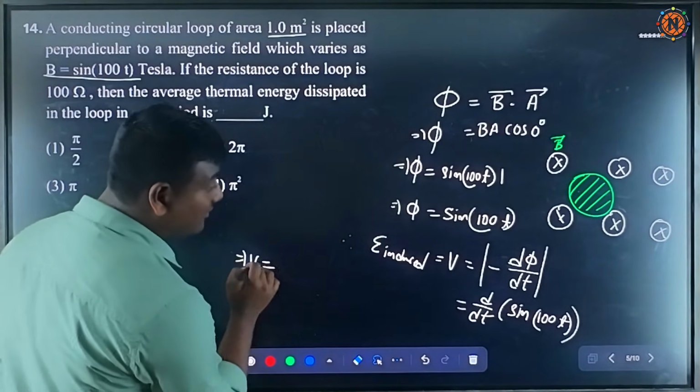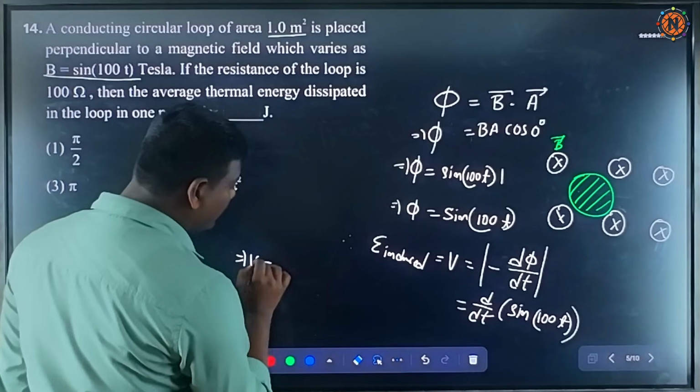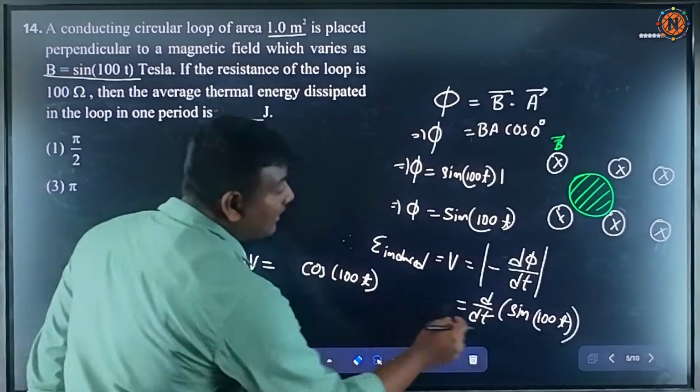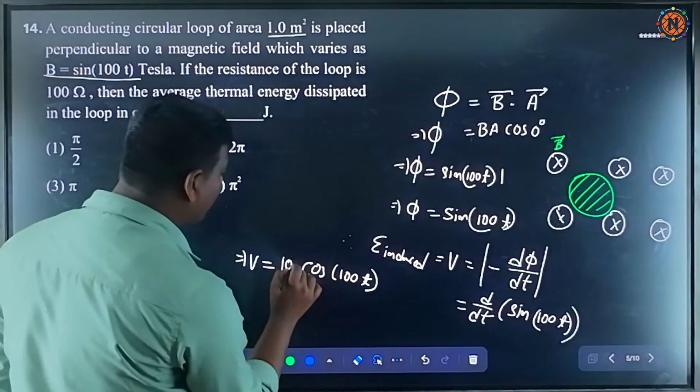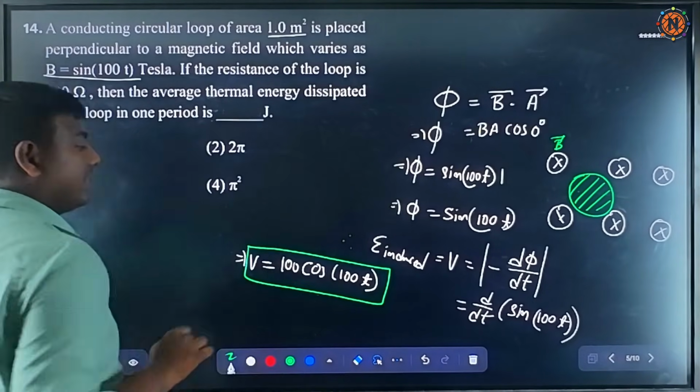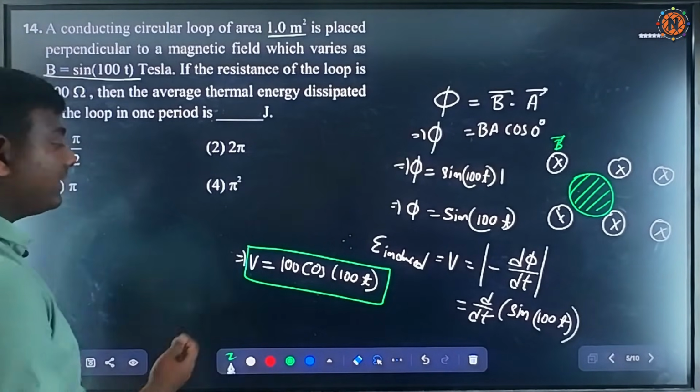What is the differentiation of sin? Cos 100t, but this 100 will come outside. So V equals 100 cos 100t. So we got the value of voltage.